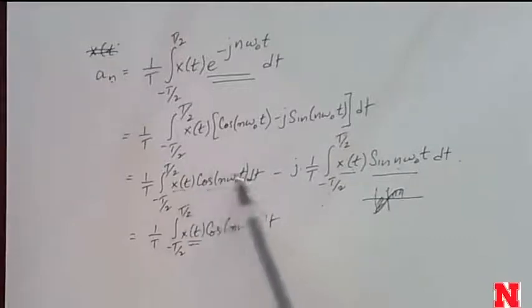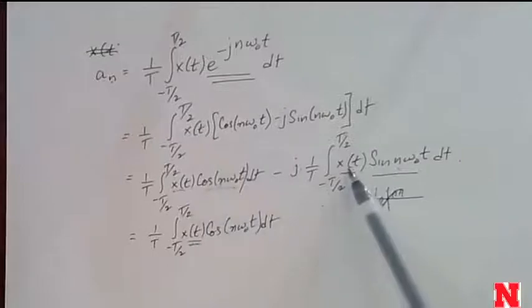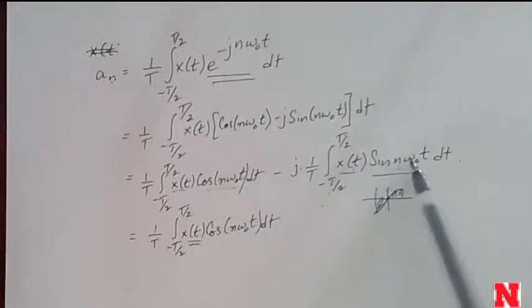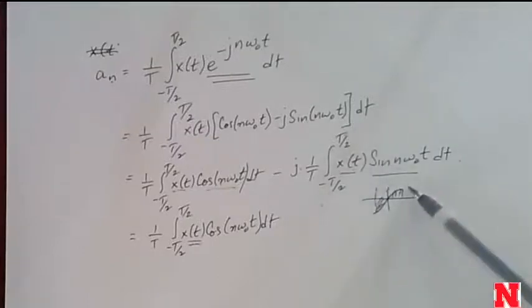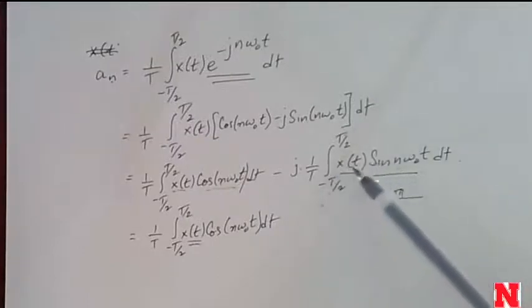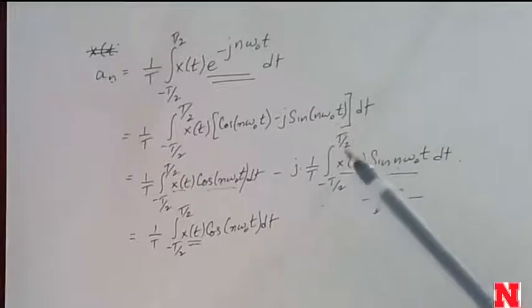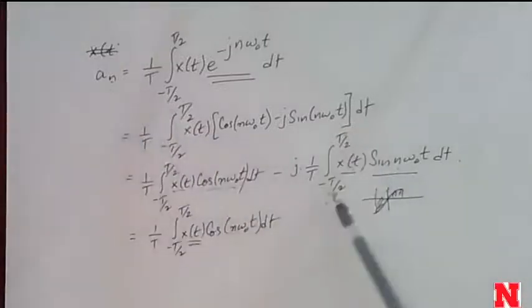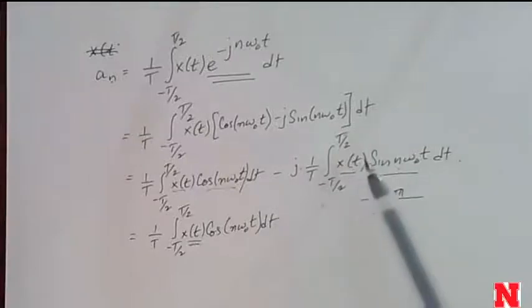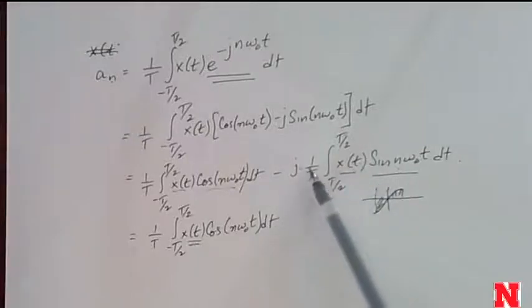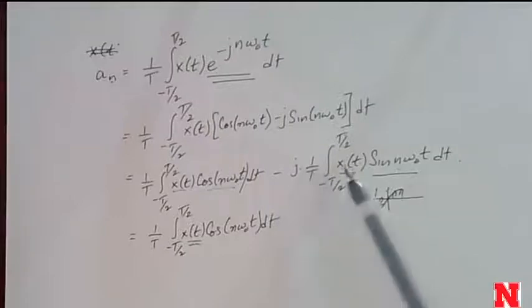So this would be an odd function. So this would go to 0. And this would be odd times odd. So this would be an even function. And so this would not go to 0. And now what you would get is, if x of t was real, then a sub n is a purely imaginary odd function of n, which is kind of weird.